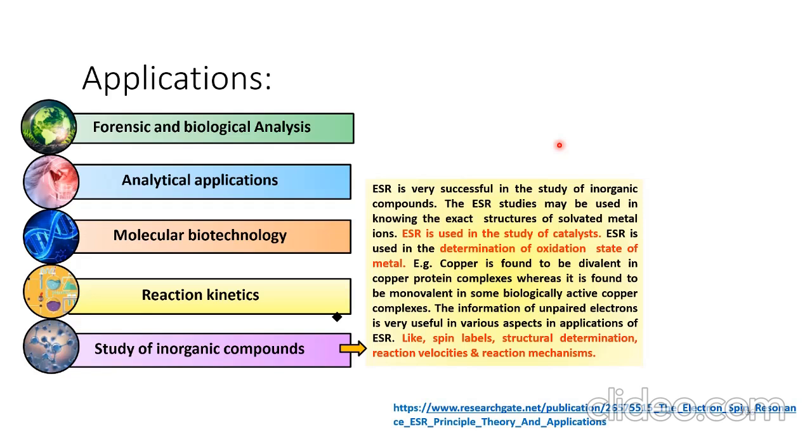So the variation can be checked with this. The information on unpaired electrons is very useful in various applications of ESR, like spin label, structural determination, reaction velocity, etc. So that can be checked.